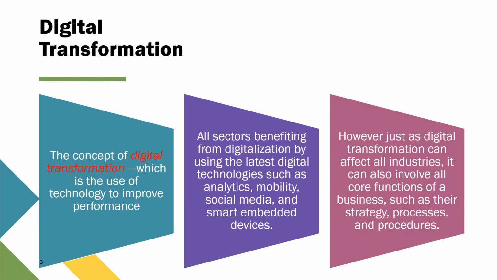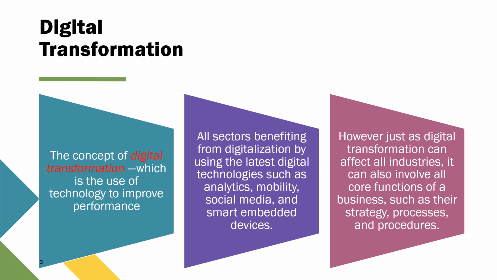Before we go further, let us look at what digital transformation is. So the concept of digital transformation is the use of technology to improve performance. We can see that all sectors will benefit from digitalization if they use the latest digital technology such as analytic, mobility, social media, and smart embedded devices.